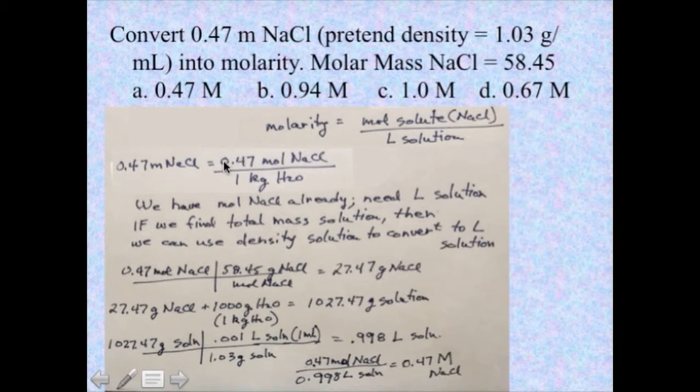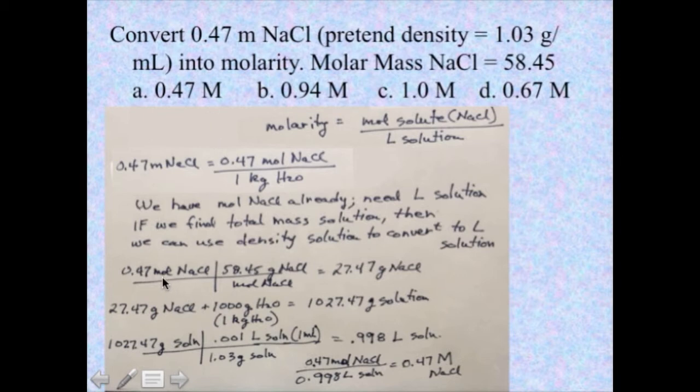So you're essentially given the moles, the numerator of what you're seeking, the moles of sodium chloride. And the task here is to convert the 1 kilogram of water somehow into liters of solution. And we're given the density, 1.03 grams per milliliter. That's the density of the solution. Grams of solution divided by milliliters of solution.